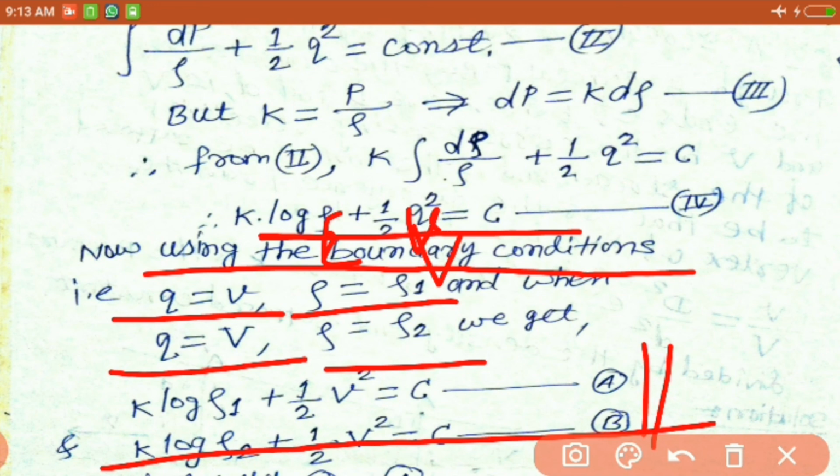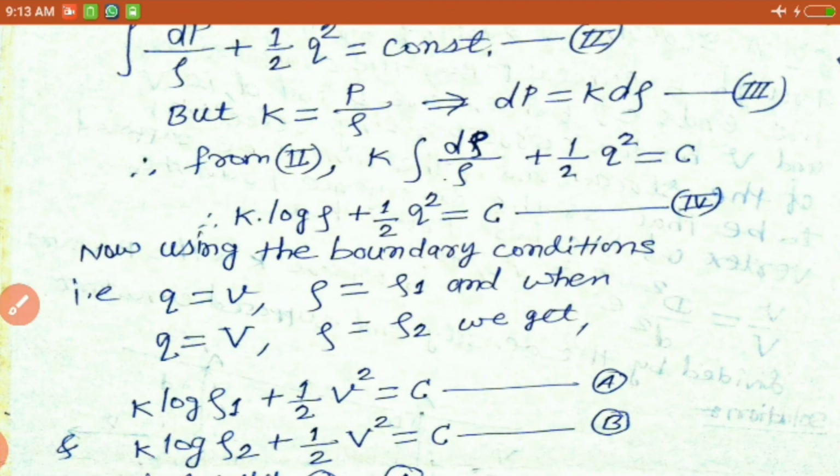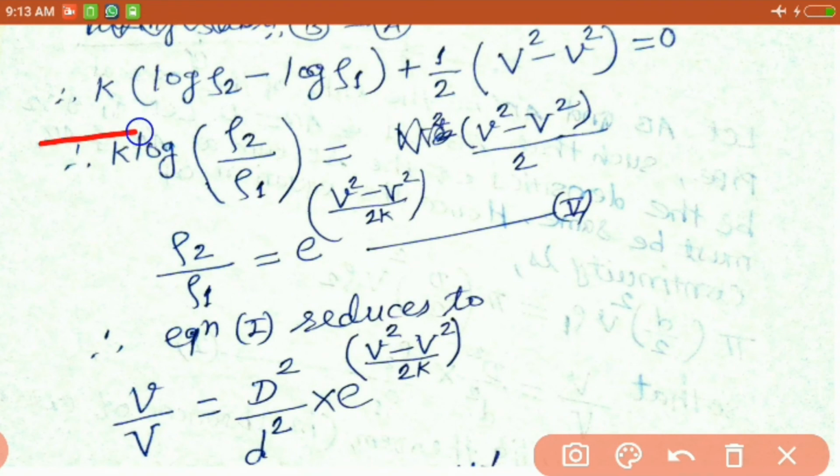If we subtract A from B, we get k into log rho 2 minus log rho 1 plus 1 by 2 capital V square minus small v square is equal to 0.